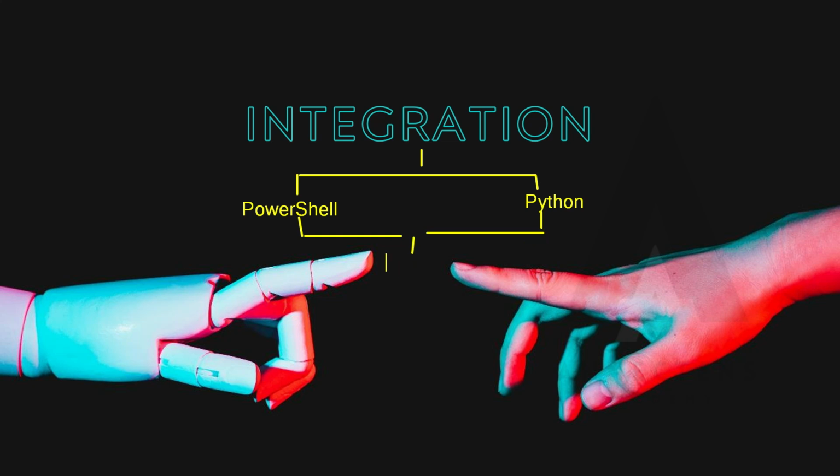Now for automation we can use these two languages, PowerShell and Python, and connect them to Microsoft Graph. Now from Microsoft Graph, what things can we achieve?